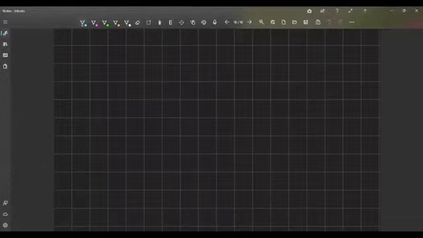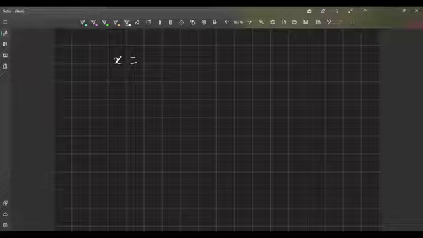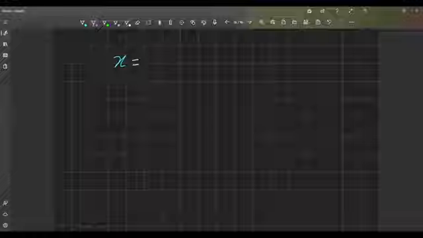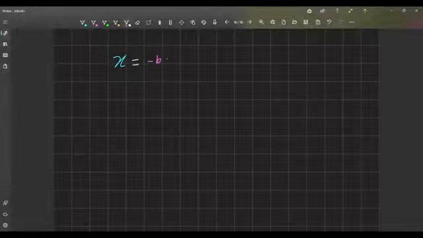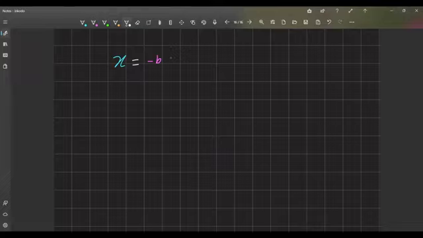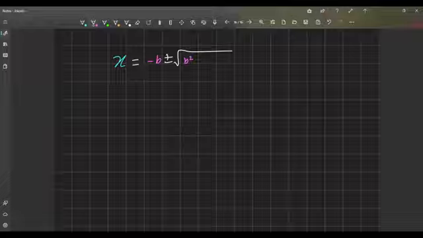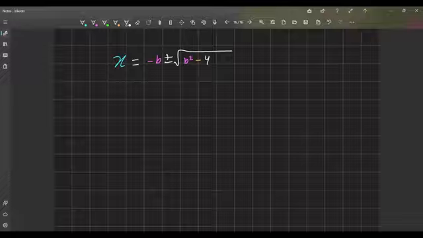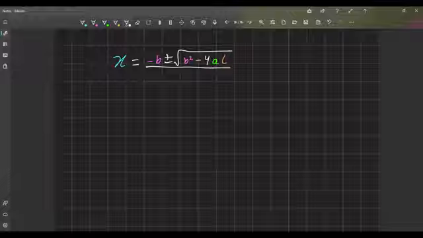Okay, I'll be using all the colors now. Sorry. So it would be x is equal to negative b plus minus under root, we get b square minus 4a and then c, whole divided by 2 and then a.